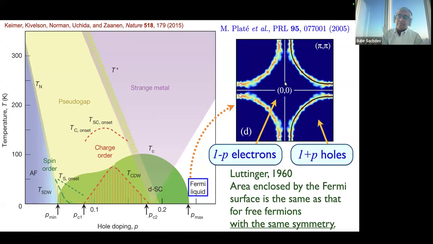So that's quite remarkable. The shape can change, but the area enclosed by the Fermi surface is, if you wish, a topological invariant. And that indeed works very beautifully here at these values of P. You do indeed see in measurements that the area of this region is exactly as needed to have 1 minus P electrons.